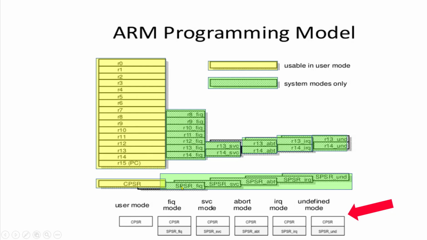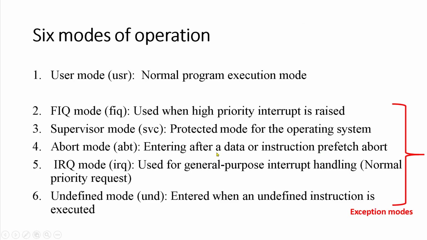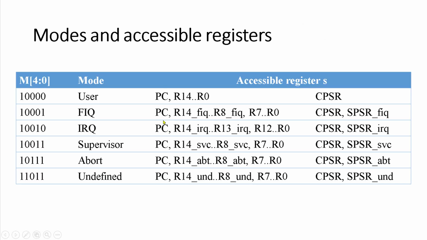Along with that, two status registers will be there. So R8 to R14, a total of 7 registers are replaced, and then one program counter along with one CPSR and one SPSR corresponding to this fast interrupt request mode. Similarly you can see for all other modes also.